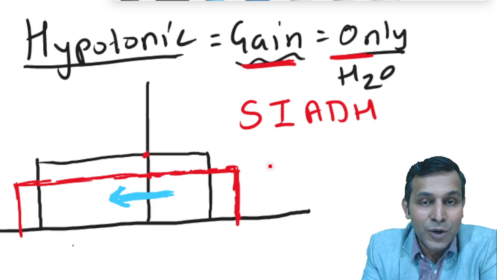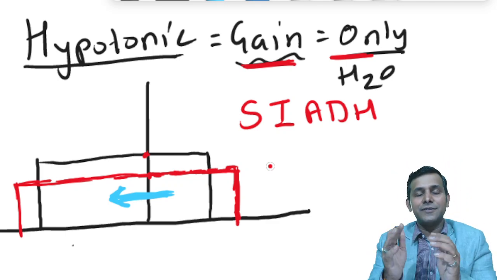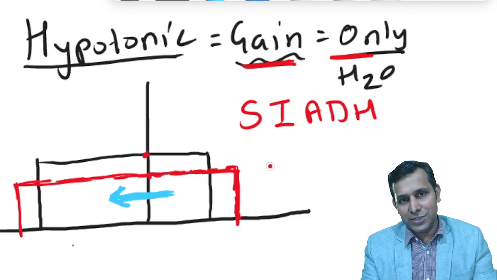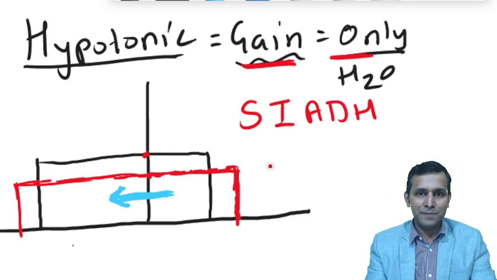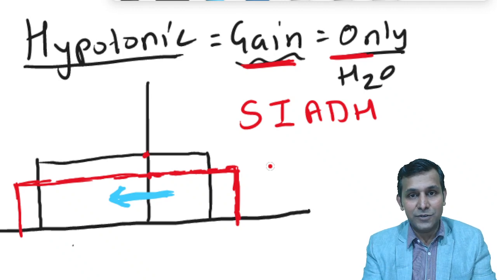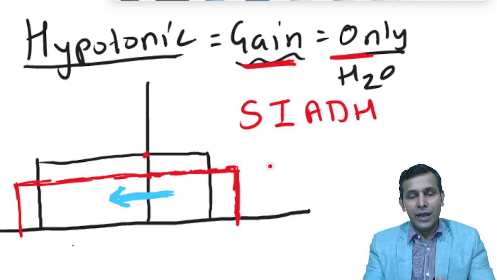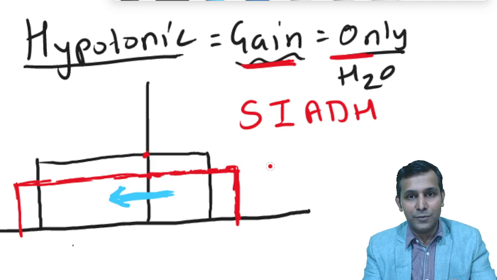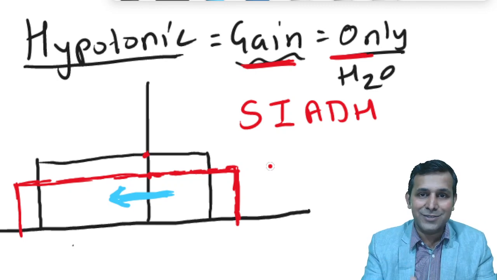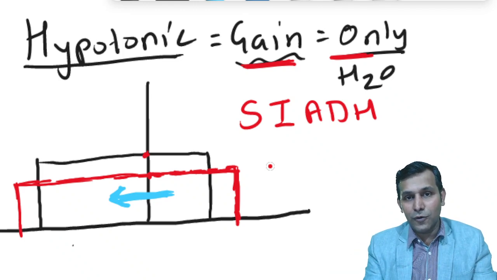Here excessive ADH is secreted because of post-surgical stress. What happens in surgery? During surgery, incisions are made, and there is a loss of blood and fluids. So as a result of the loss of fluids and blood from the body, the hypothalamus secretes excess ADH, just to preserve as much volume as it can.